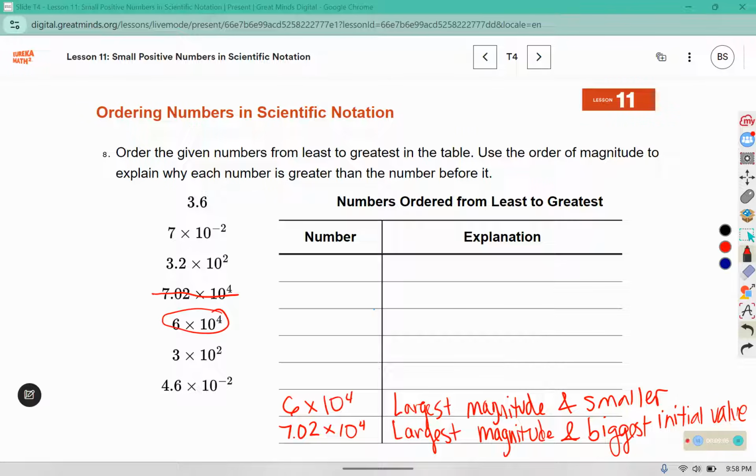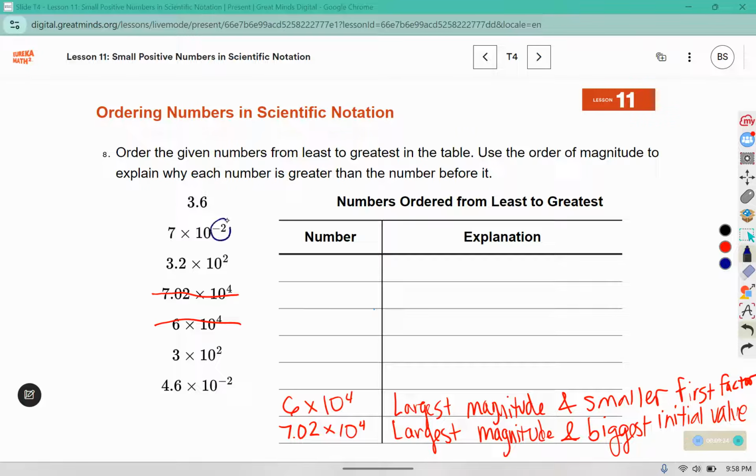And your book will describe that initial value that I talked about as the first factor. That's what they call it. So we've now taken care of the two largest. Let's look at the smallest.